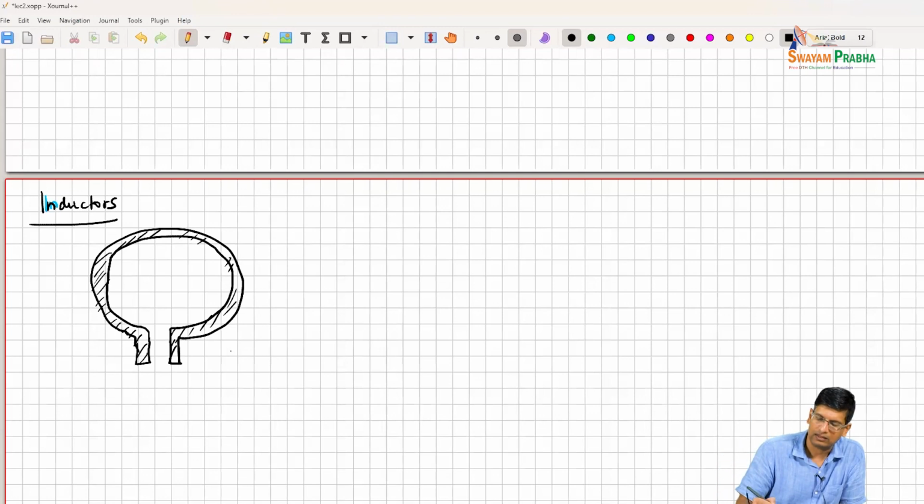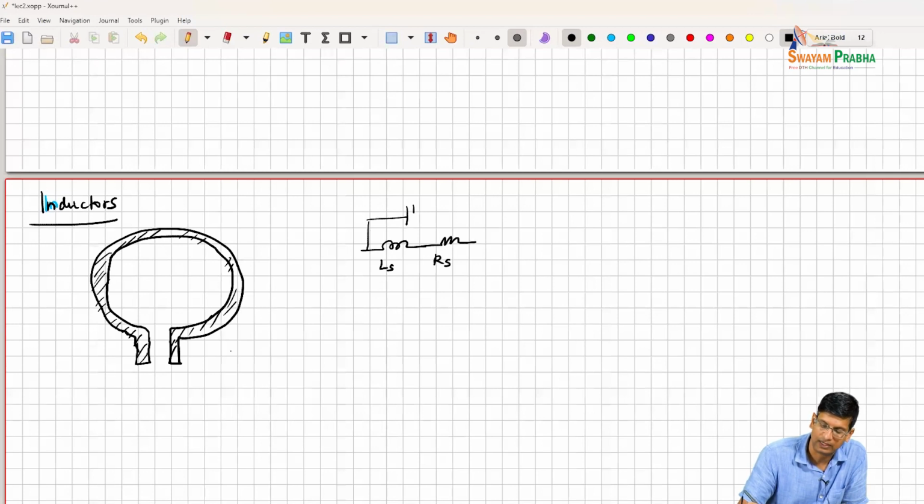The only things to note as we move to higher frequencies are that our typical model for this looks like an LS, a series inductor. This is what we call the pi model, right? There is a capacitance, and then there is a capacitance that goes on to the substrate.